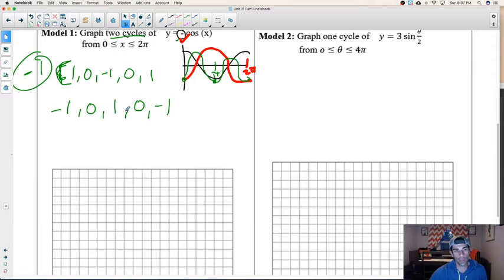Now I want you to complete this, but you got to now take it in half. So the period, okay, would be 2 pi over b, which in this case, 2 cycles, 2 pi over 2, so you're going to get pi. So, like we were showing before, I need to get 1 cycle between 0 and pi.